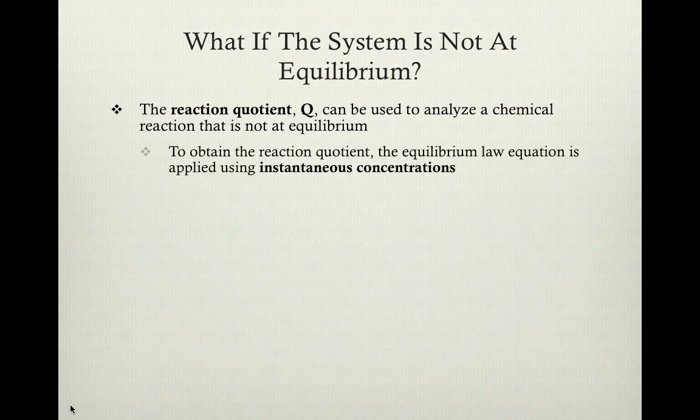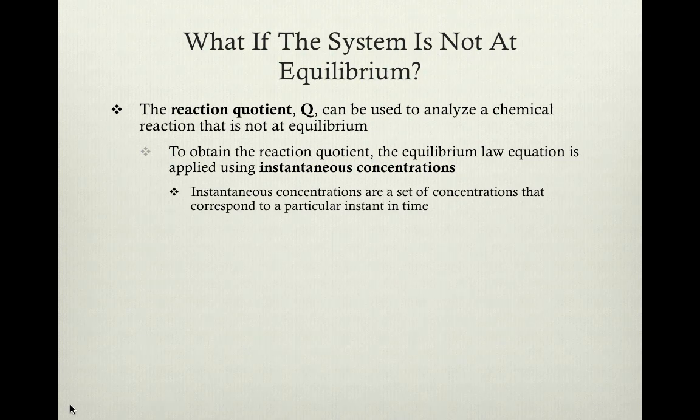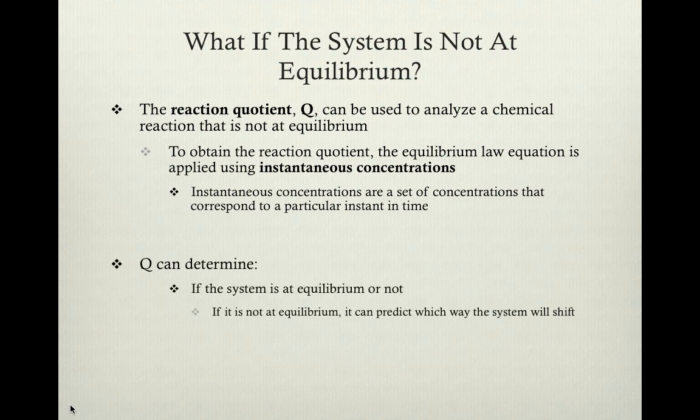Okay, but instead of using equilibrium concentrations to plug into it, we're going to be using instantaneous concentrations at any time point during the reaction profile. Okay, where instantaneous concentrations are a set of concentrations that correspond to a specific instant in time. So Q can determine if a system is at equilibrium. And if it's not at equilibrium, we're going to see how we can use it to predict which way an equilibrium will shift.